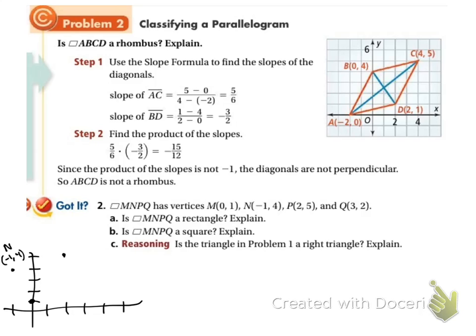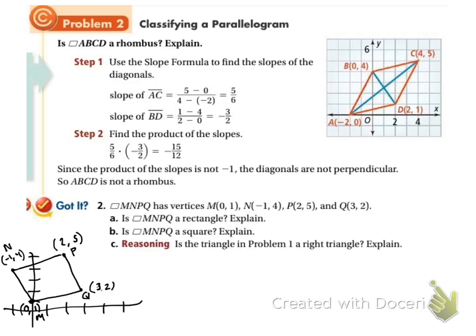And that is P. And we got the point 3, 2, which is Q. Okay, then I'm going to connect those. So just a rough sketch. If you want to be exact, you can draw it on graph paper, that's fine. But I just wanted an idea in my mind of what this is looking like.